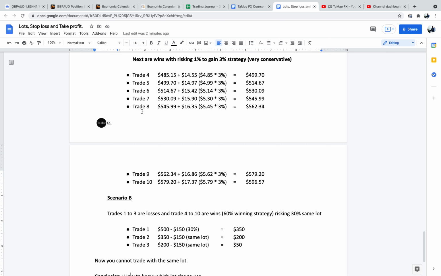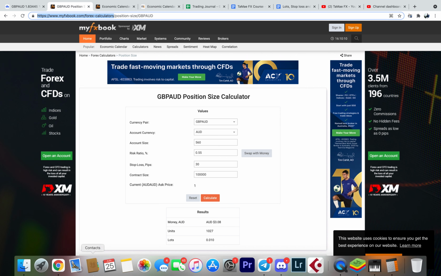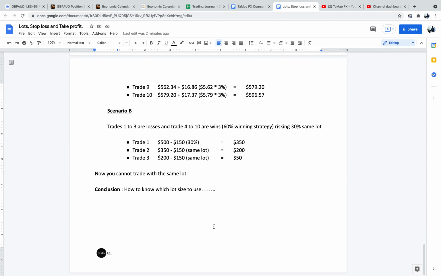So what I do usually is you go to this website called myfxbook.com, and you put /Forex calculators. Let me just put this link into the document so that when you have the document, you just click there and follow the instructions.